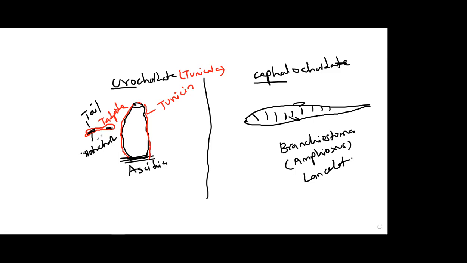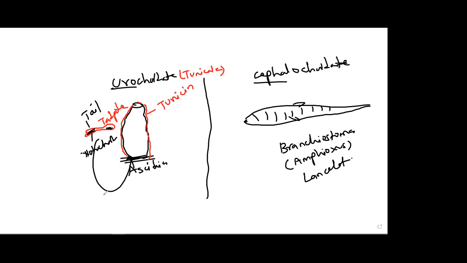But during metamorphosis, what is metamorphosis? Changing. During metamorphosis, it loses notochord and nerve cord; the only character retained in the adult is gill slits. So the larva has nerve cord also?